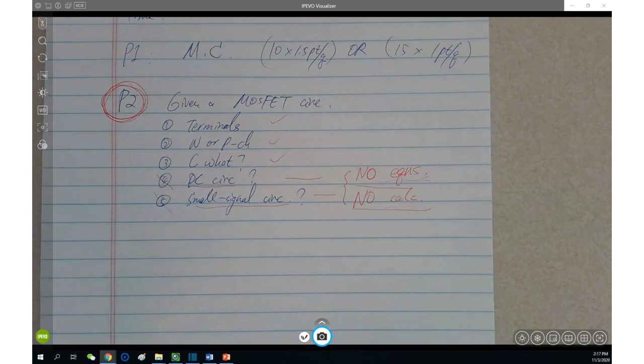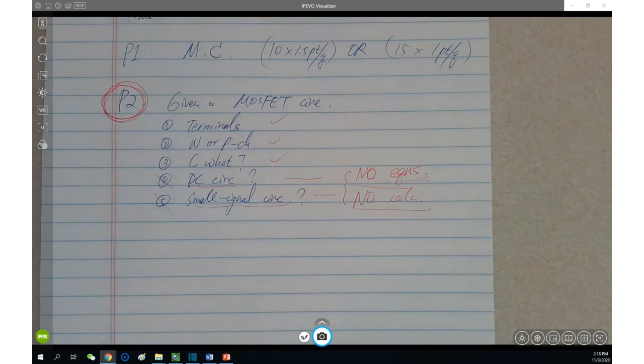Because the question is asking, find the circuit. It's not asking find the equations. It's not asking find the ID or the VDS. It's not asking for a value or anything. Right, exactly.